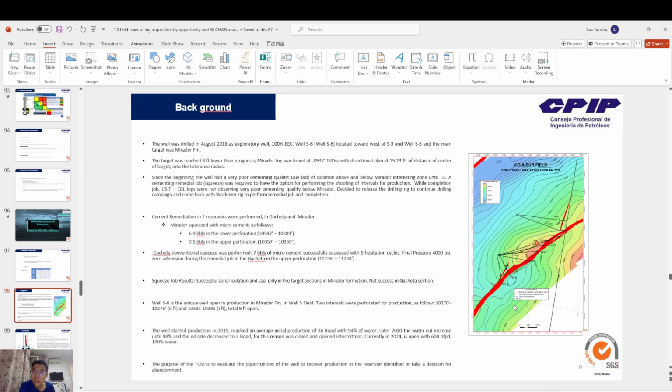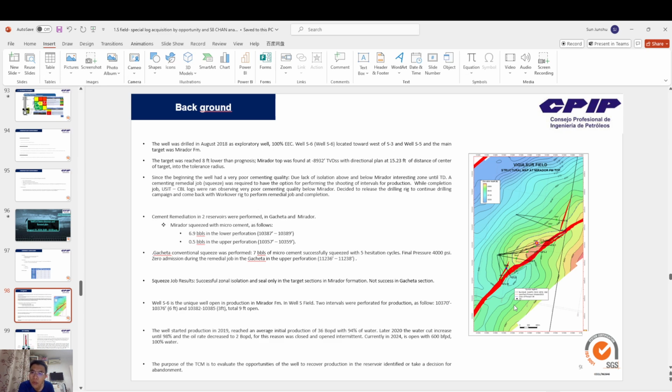Gajita conventional squeeze was performed. 7 barrels of micro cement successfully squeezed with 5 hesitation cycles. Final pressure 4,000 psi.